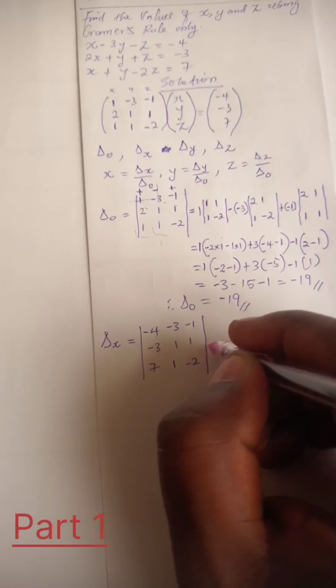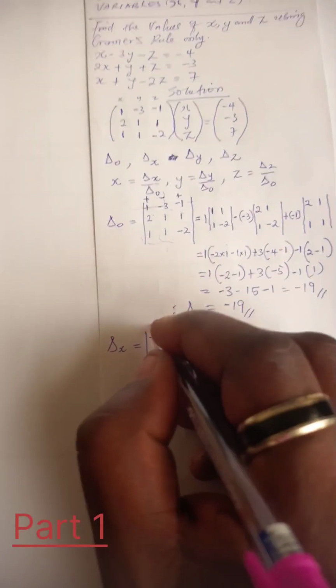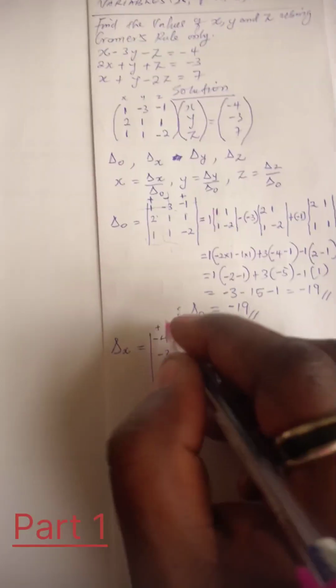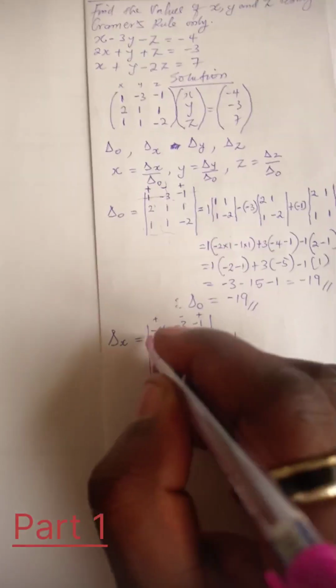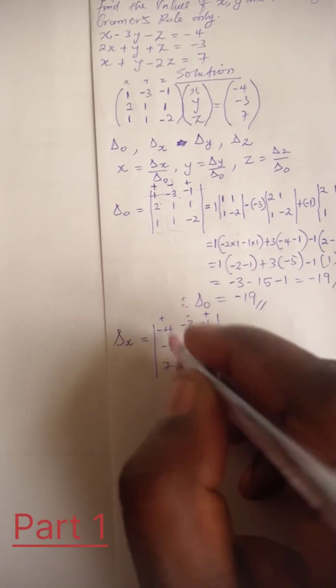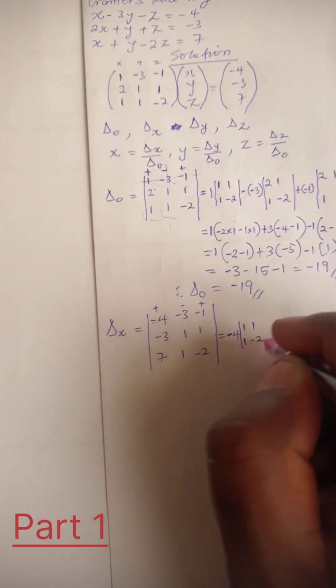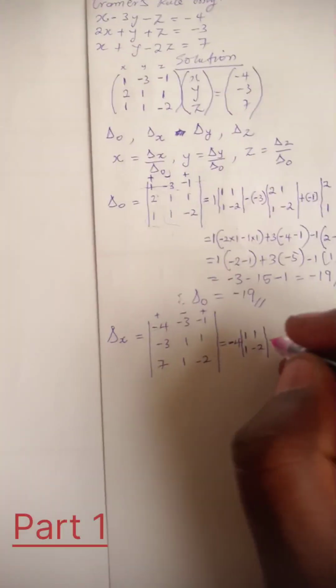So how do I expand this now? If I want to follow the same step, that means here will be plus, here will be minus, and here will be plus. So taking this plus now, we'll be having minus 4. How are the values gotten? I have to eliminate the row and the column where minus 4 is. So I'll be having only this 1, 1, 1, and minus 2. If I come to this point, I'll have minus here, but there is minus 3 there already.